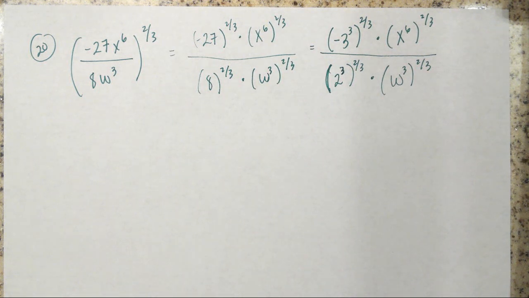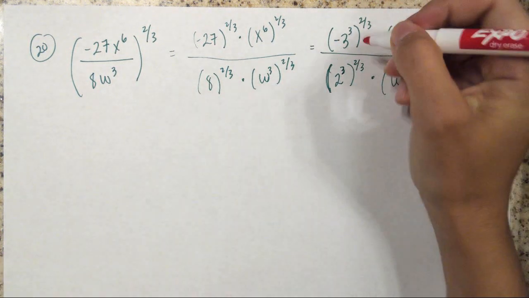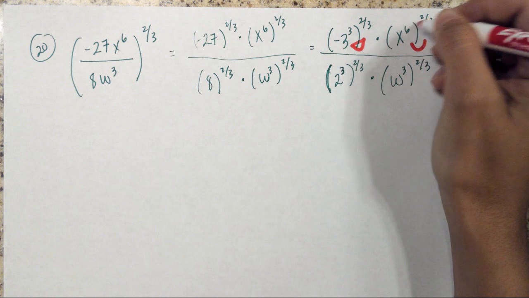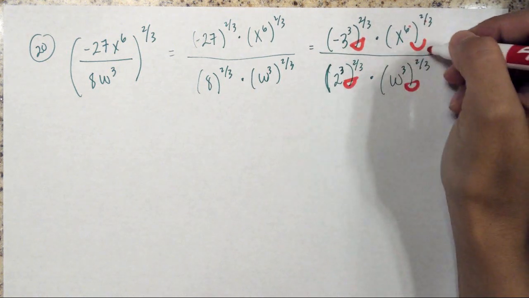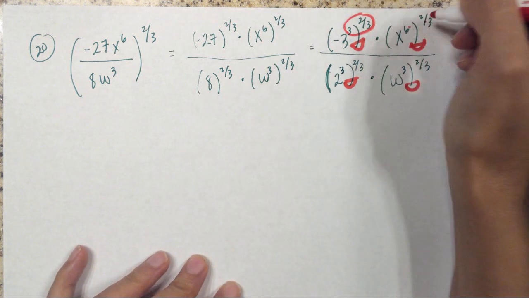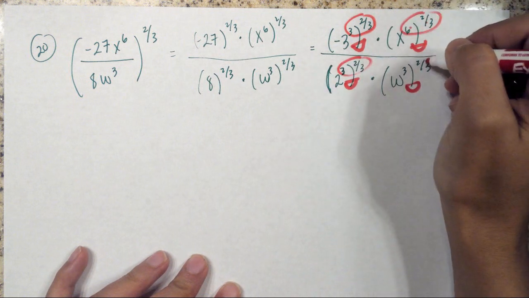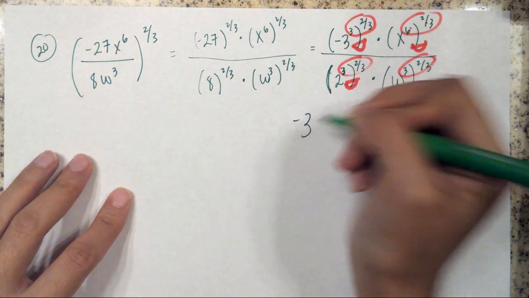So now I have my staggering exponents. I tell my kids, anytime you have your little staggering exponents, it looks like a face, right? These are the eyes, this is the nose, that's the mouth. You multiply the eyes like this. You multiply these numbers. So I have negative 3, right?